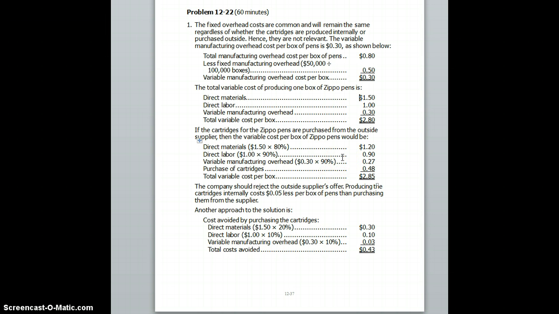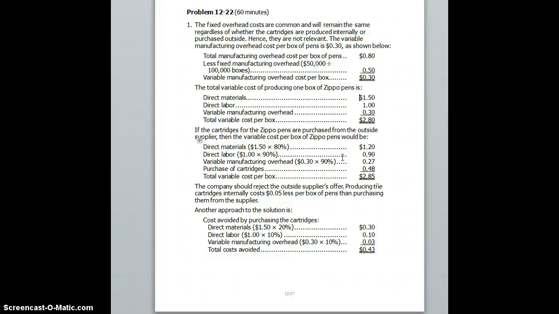If the cartridges were purchased from the outside supplier, the variable cost per box of Zippo pens would be once again direct materials, direct labor, variable overhead plus the 48 cents per cartridge that would have to be spent. In this problem, we're told that obviously the cartridge is a component of the total pen. We're still going to have materials, labor, and variable overhead to make the rest of the pen, and then insert the cartridge into the pen.